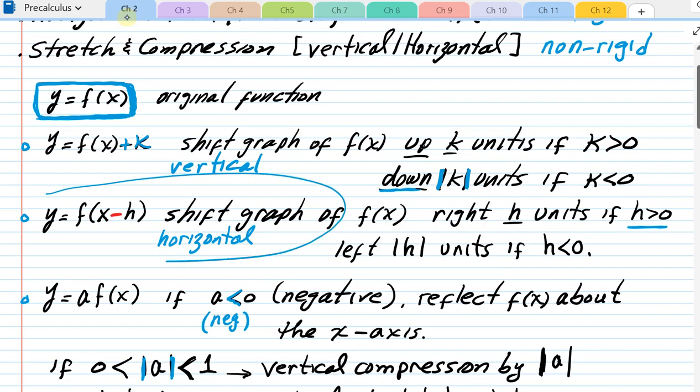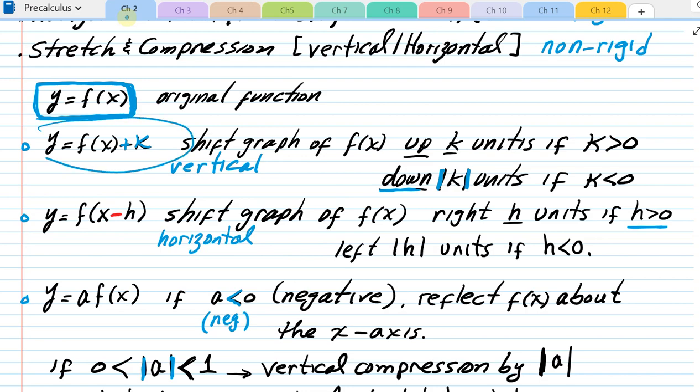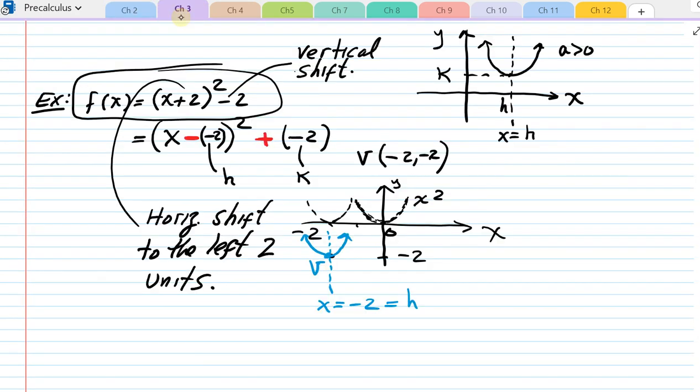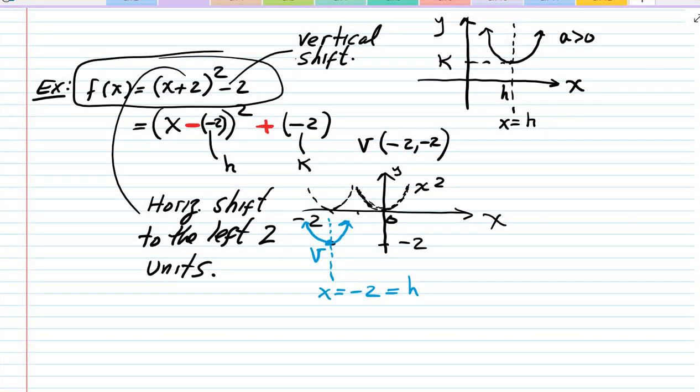So the one in my example I used was this one. I shift the parabola to the left, and then k was negative 2, so the vertical shift was down 2 units. Okay, so it's helpful to go through this. Alrighty, we're done with that example.